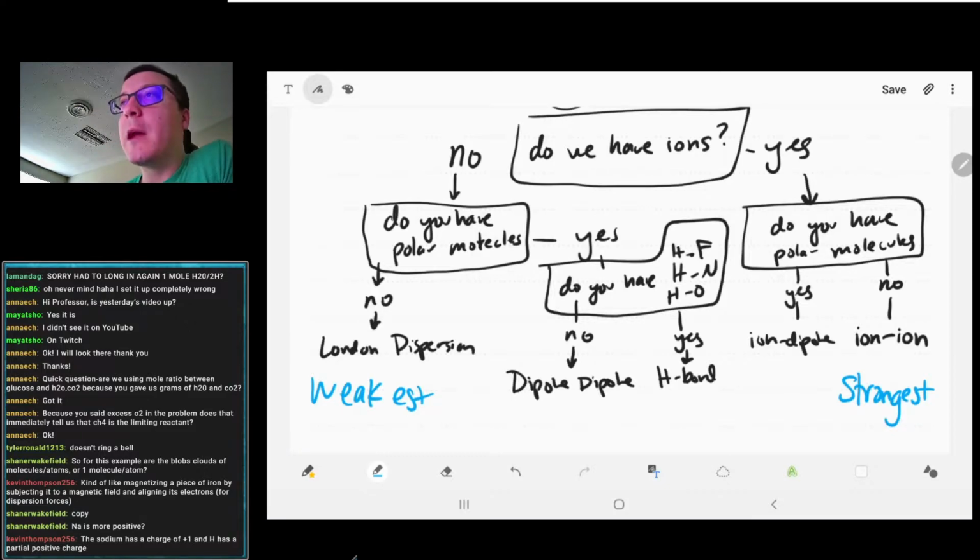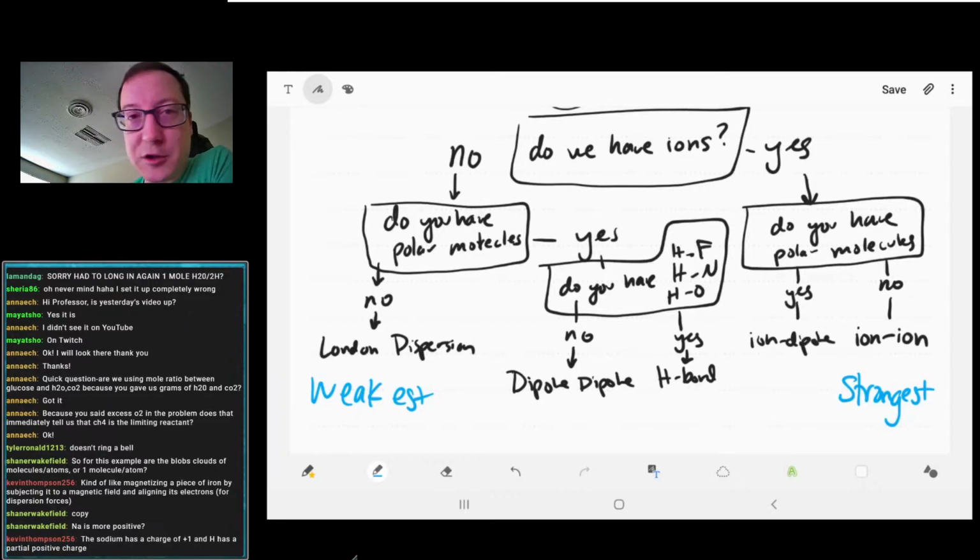Comparing our different types of interactions that could happen between molecules, atoms, or ions, we have five of them here. The ones involving the most charged things are going to be the strongest, and the ones involving the least charged things are going to be the weakest.